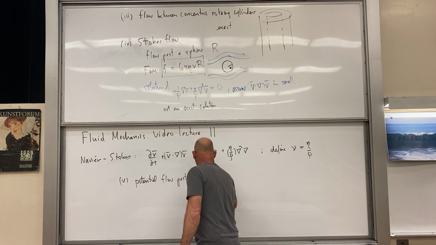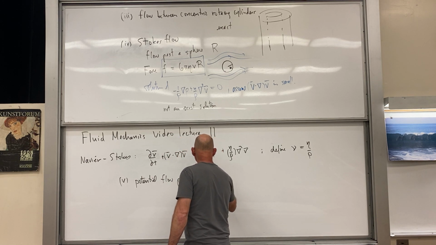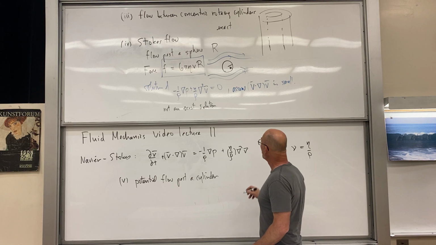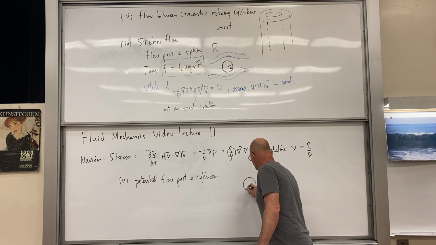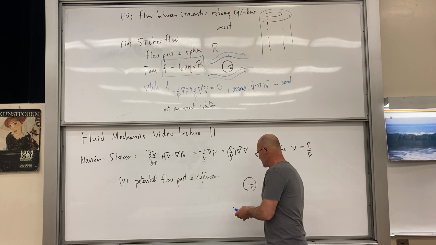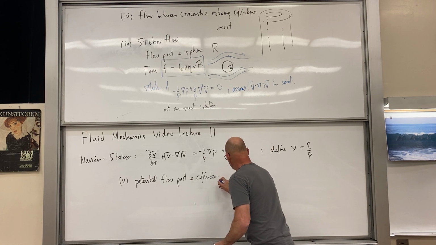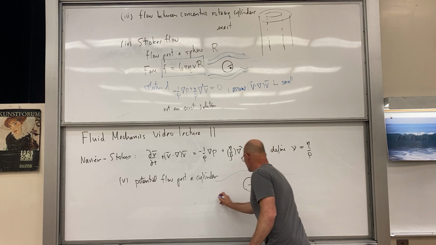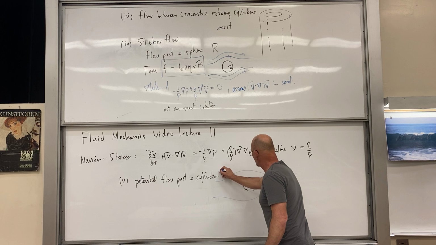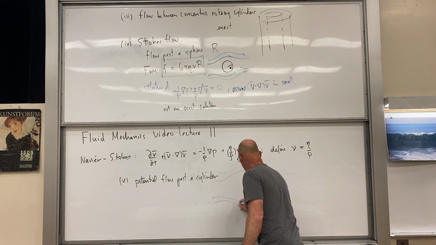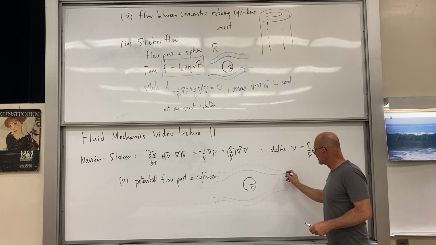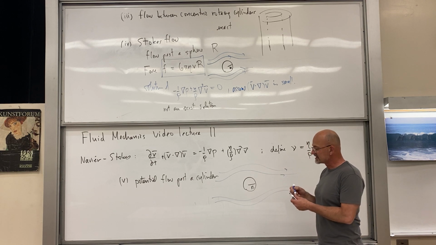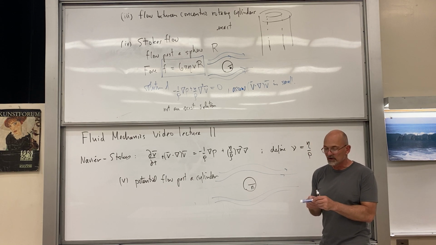As a cylinder, so that's a 2-dimensional potential flow, and it's the same picture. You've got a cylinder here of radius r, and you're looking at fluid flow past it. Now the interesting thing here is this is an exact solution of Euler's equation.